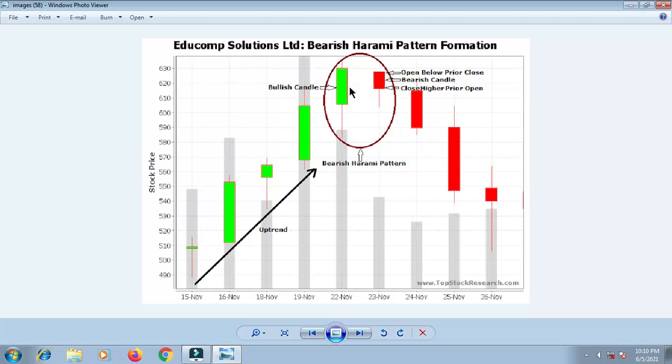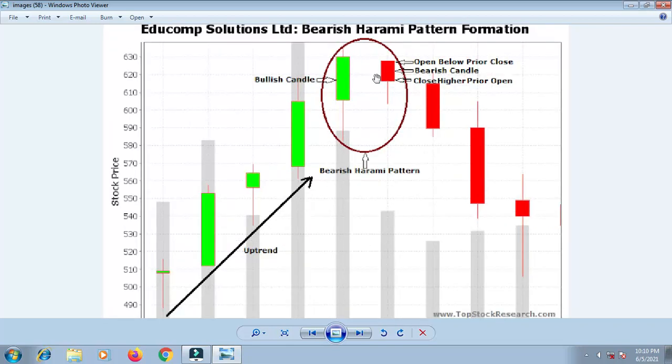What you have to notice is that the body should be within the body. If the body is inside and the wick is outside this range, it's not that significant. What is significant is that the body is within the body of the previous day candle. Then it is a completely inside candle, an inside bar.